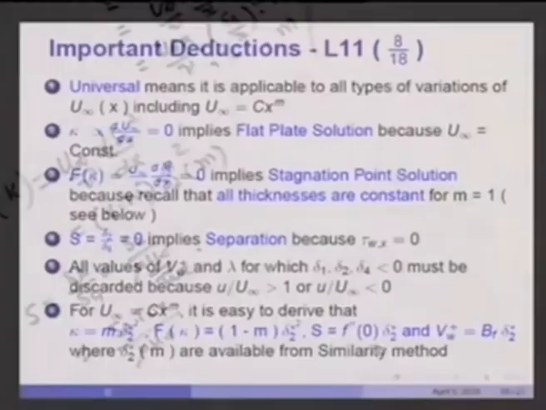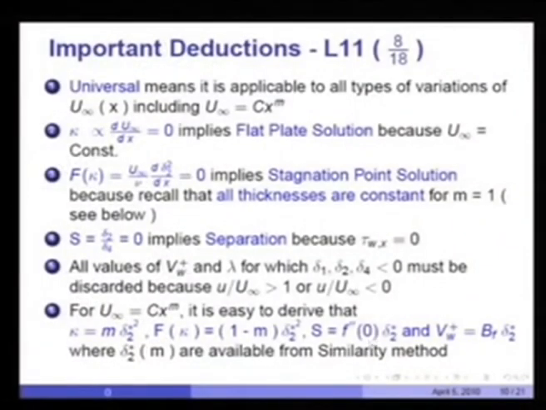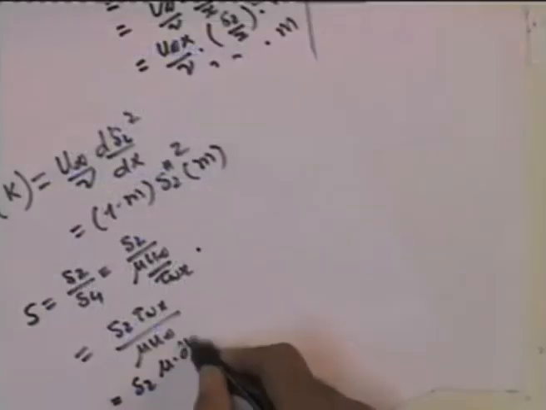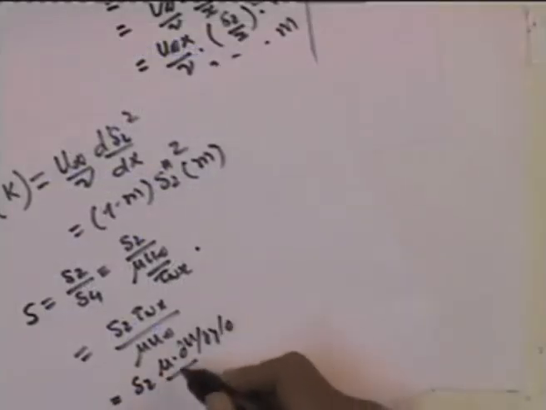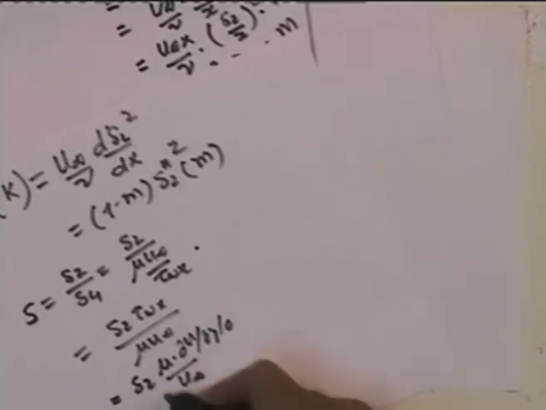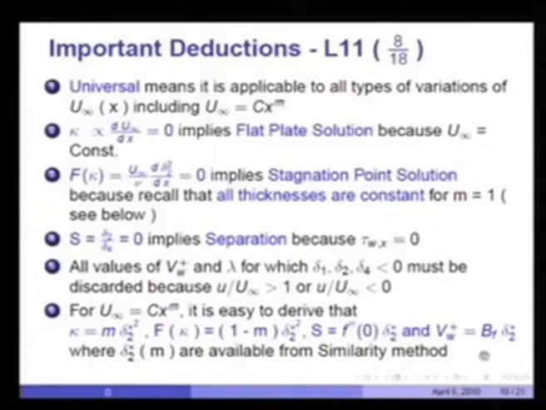For example, tau w will be delta 2 into mu times du by dy at 0 divided by u infinity into mu. So, mu and mu get cancelled, and I can construct here delta 2 by x Re x to the half, and you will get that f double prime 0. V w plus can also be shown to be B f, the similarity parameter, times delta 2 star, and delta 2 star and m are available from similarity methods. These deductions are very, very important, as we shall see shortly.